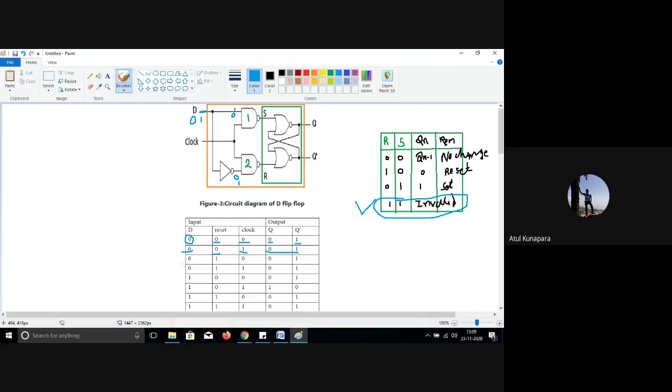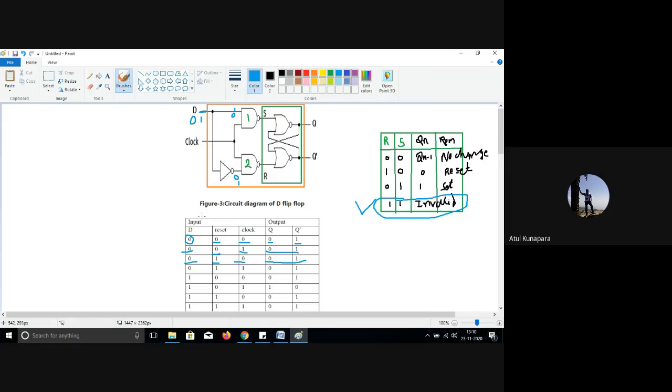But when the data input is 0 and you are giving the reset condition as 1 and the clock signal as 0, then you again get the same condition at the output side. So this shows you in the table that the D input given is going to decide your output condition, whether your output gets reset or not.